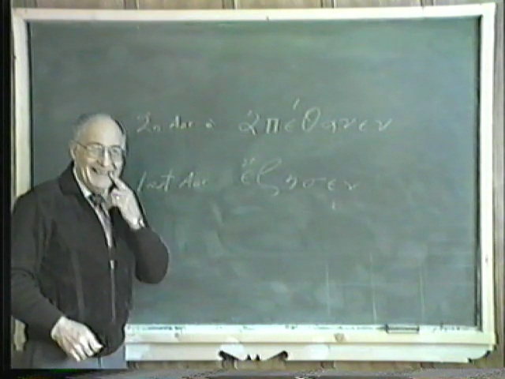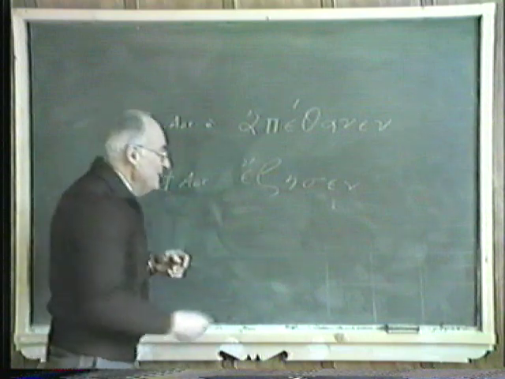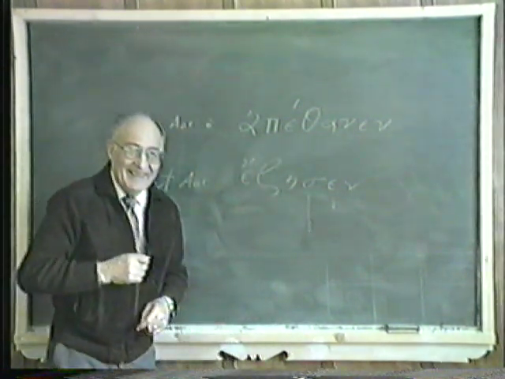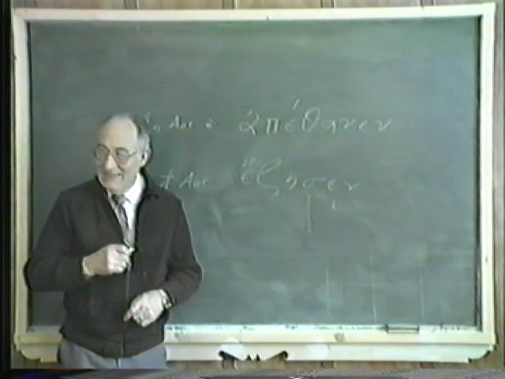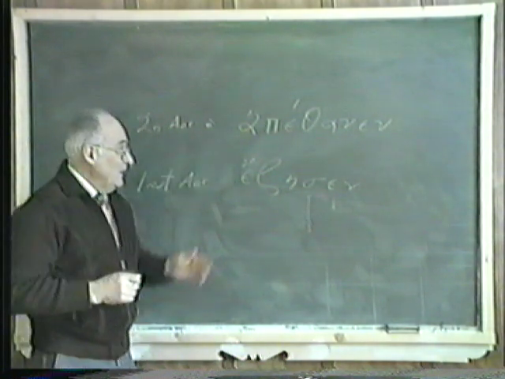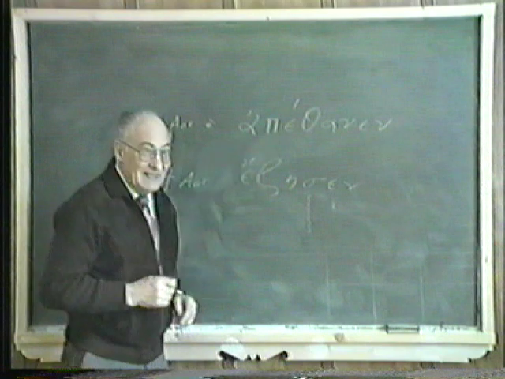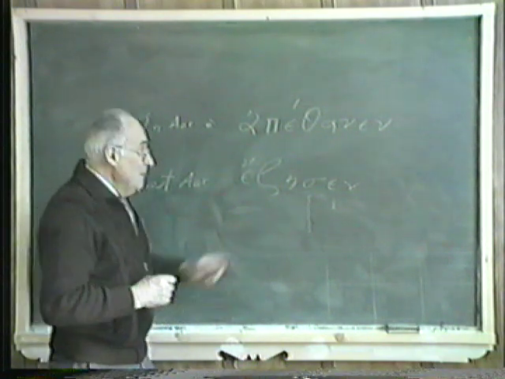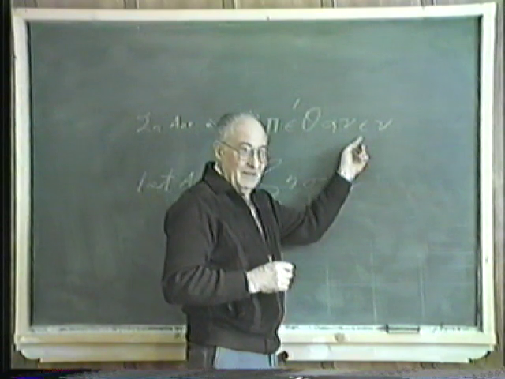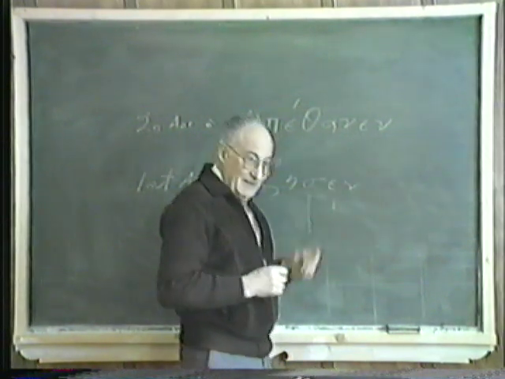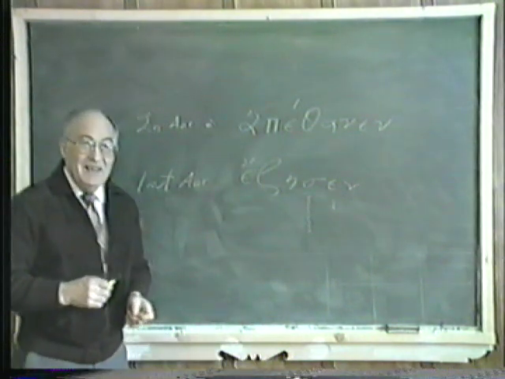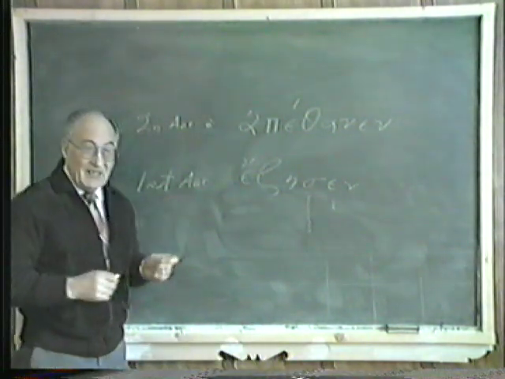Why? No, I was just going to ask you. Oh, the sigma. See that? Both have augments, don't they? But this one doesn't have the sigma. This one has a sigma. So that's the difference between second aorist and first aorist.